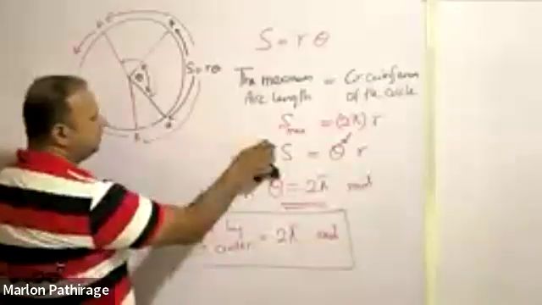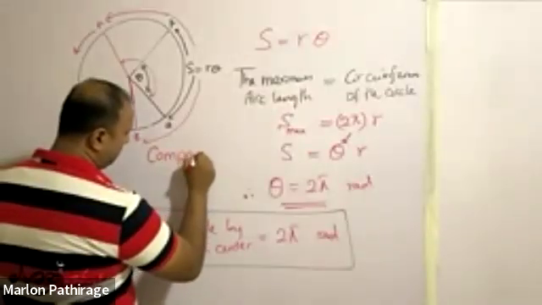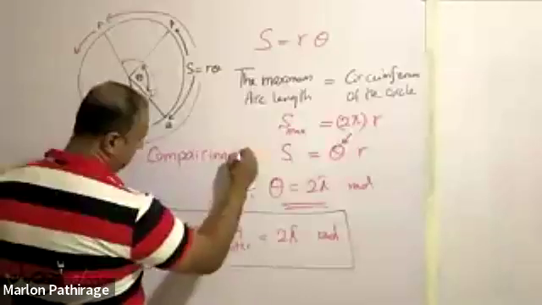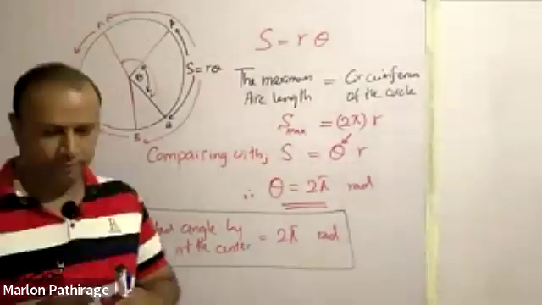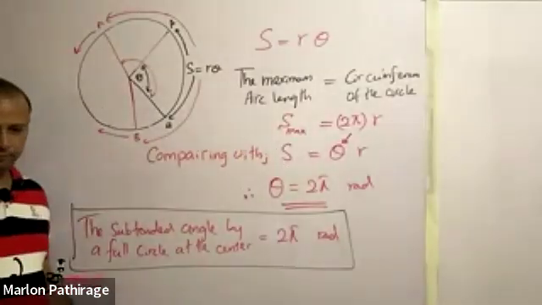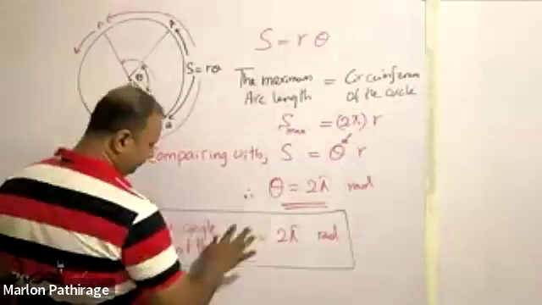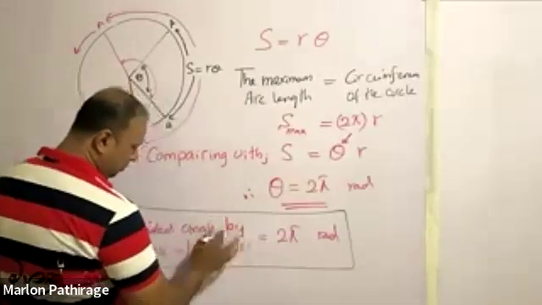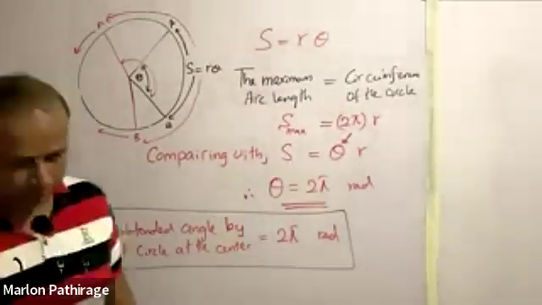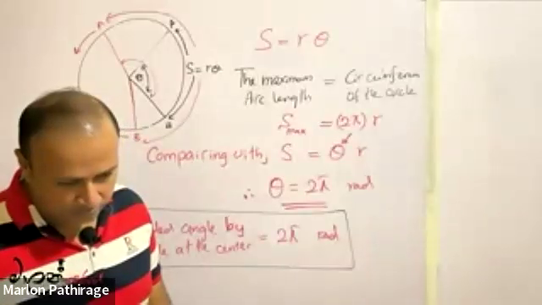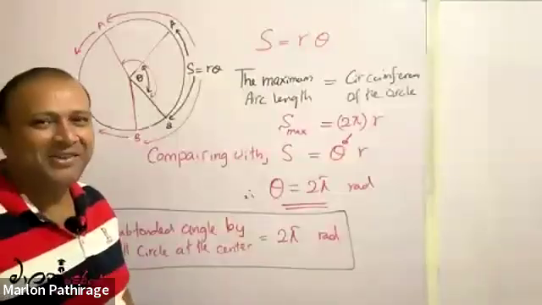Okay, now you can draw this figure and write this one. The subtended angle by a full circle. Now you can understand, no?